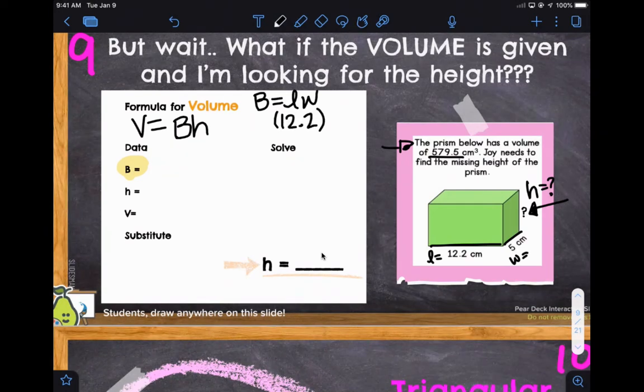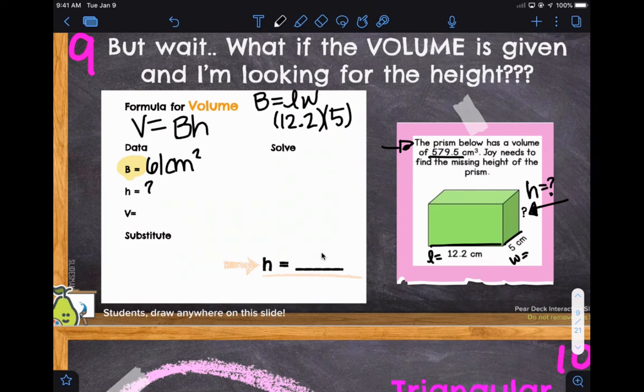12.2 times 5. And 12.2 times 5 is 61. So the big B will be 61 square centimeters.